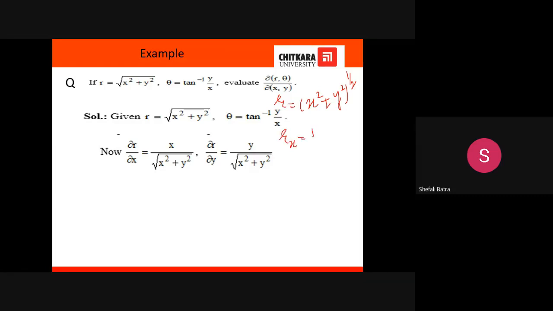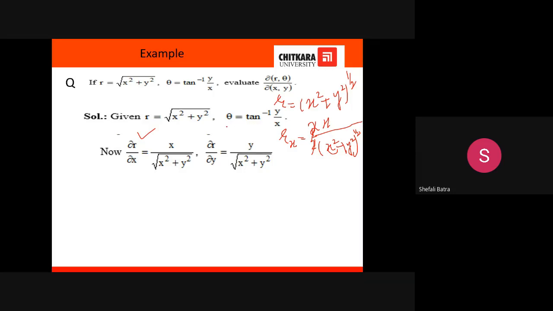So you will be doing 1 by 2 (x square plus y square) raised to power minus 1 by 2, so we are writing it in the denominator, into the derivative of x square plus y square, that is 2x. So the 2 would be cancelled out, and that is x upon under root x square plus y square. Right, similarly ∂r/∂y would be y upon under root x square plus y square. Done.